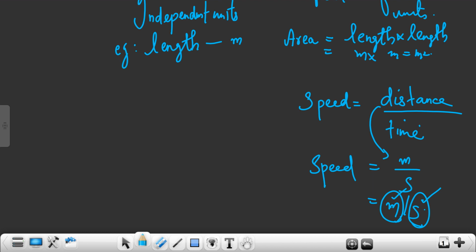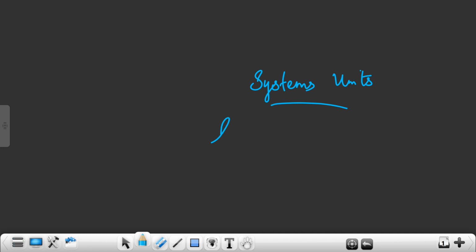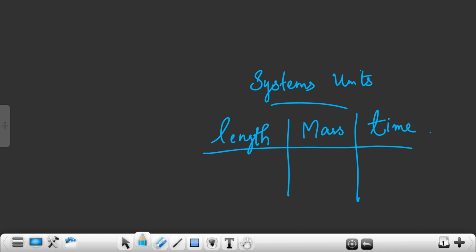And there are different systems of unit. We know there are three fundamental quantities: length, mass and time. In terms of these three fundamental quantities, the following systems are used.